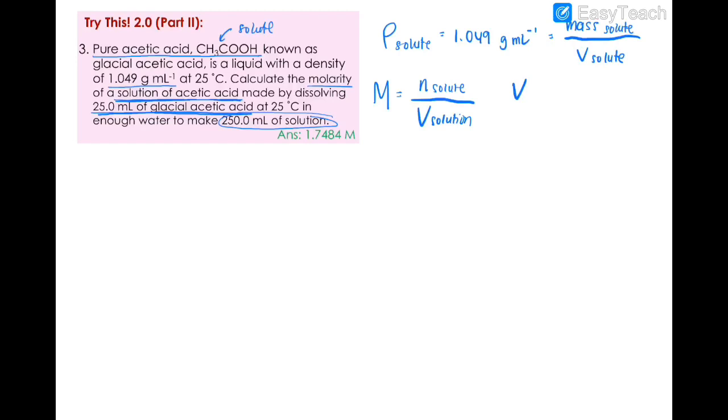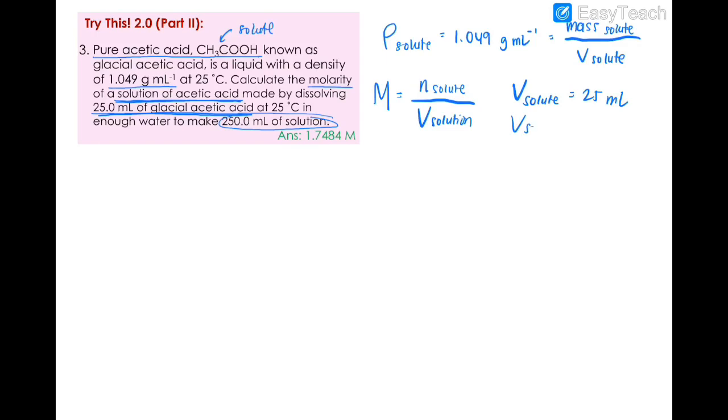So kena faham betul-betul sebab dia bagi tahu kita dissolvekan 25 ml of glacial acetic acid. So glacial acetic acid tu tadi adalah pure acetic acid. Okay, so volume yang dia bagi ni sebenarnya adalah volume of solute. So volume of solute adalah 25 ml.